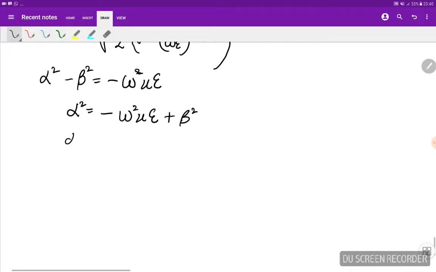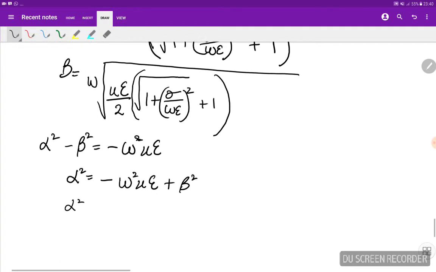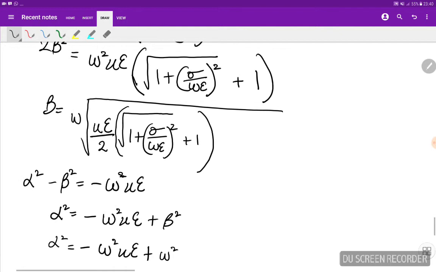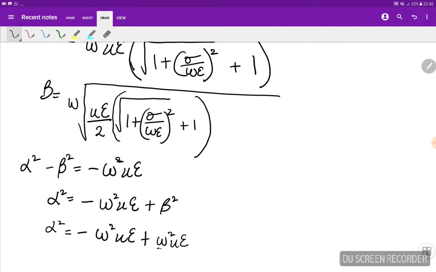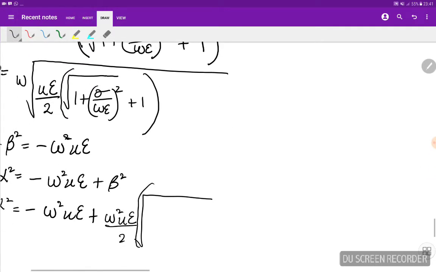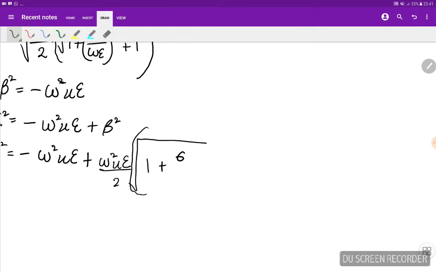And remember, beta squared is equal to, removing the square root, that's just going to be plus ω² με over 2, and all into square root of, into bracket, square root of 1 plus conductivity over ωε squared and plus 1.